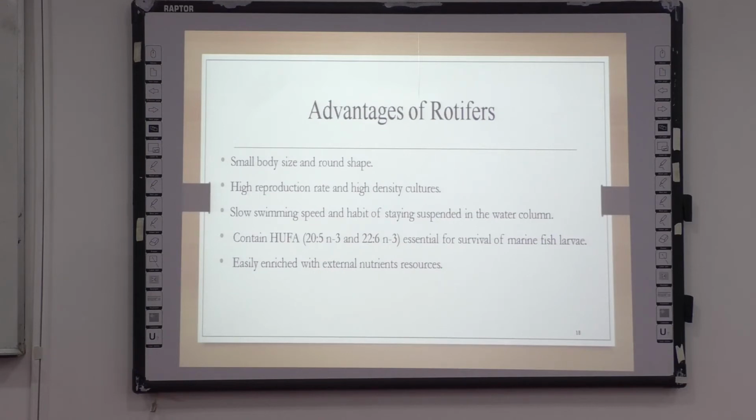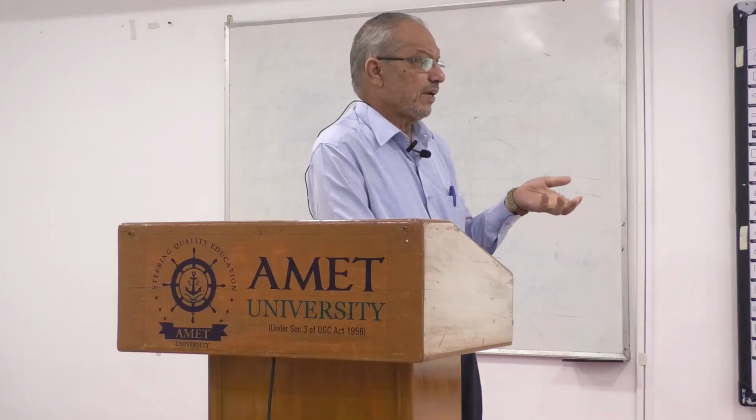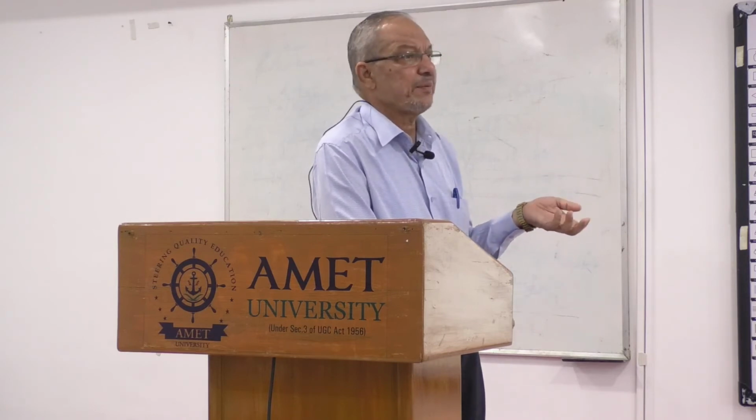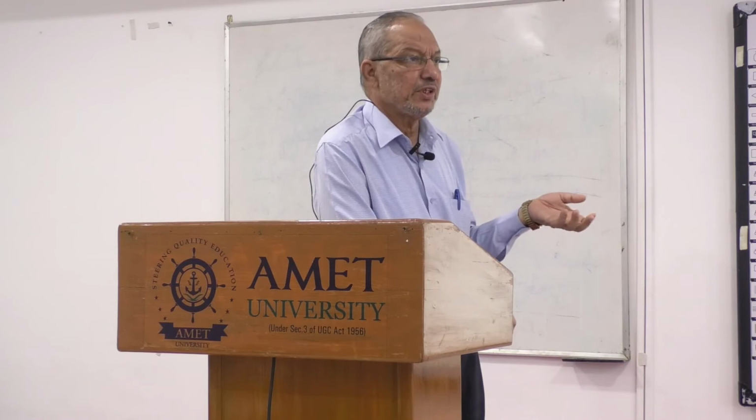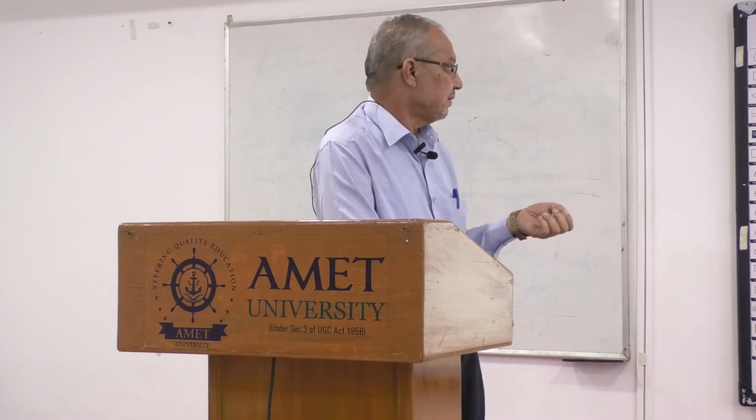Continuing the advantages, it can be supplied at a food concentration required for meeting larval metabolic demands and yielding high survival rate. That is, we can offer them in large quantities, even sometimes 500 individuals per ml.